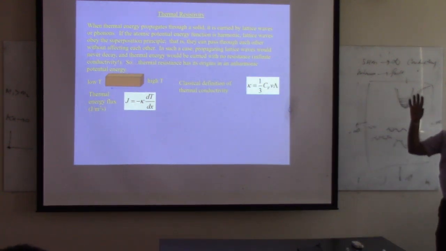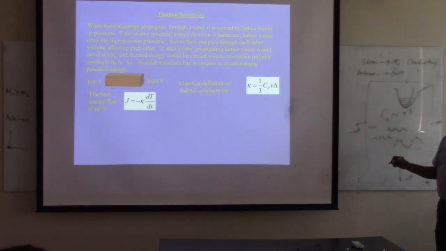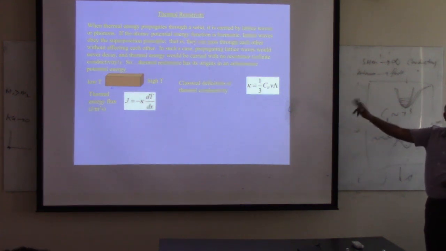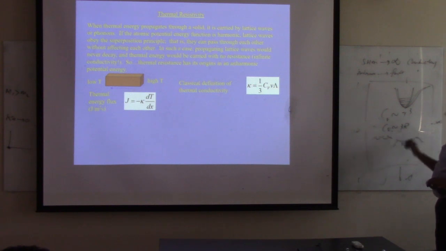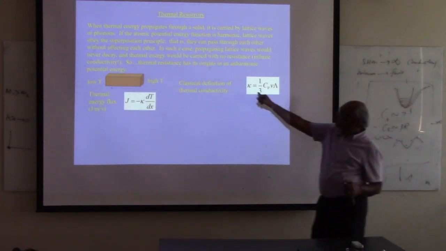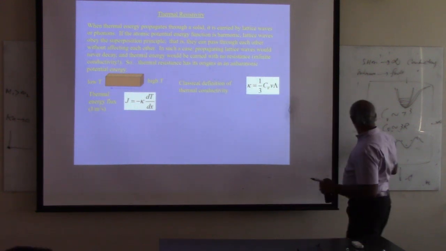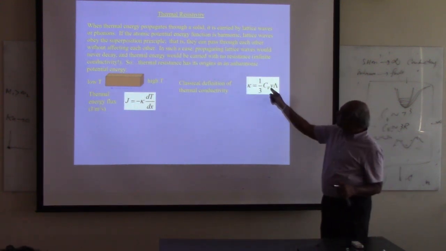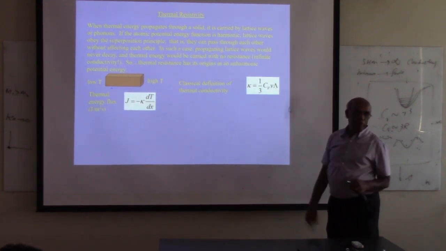Heat capacity for low temperature was going like T cube, right? So at high temperature, what was CV? 3R, right? So this CV is related to K by this number, 1/3 of that CV that we have here, times the velocity of your phonon, times what we call the mean free path.